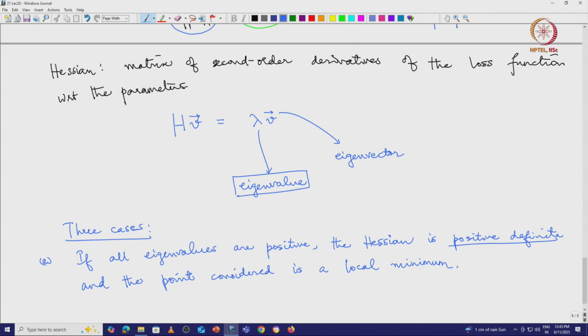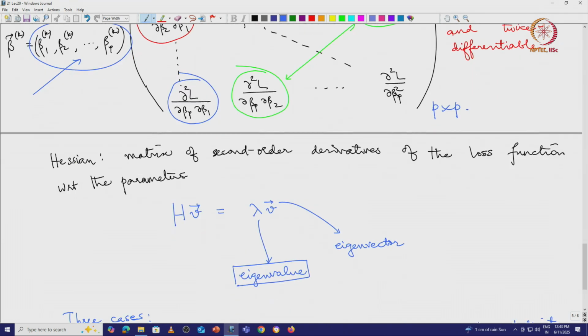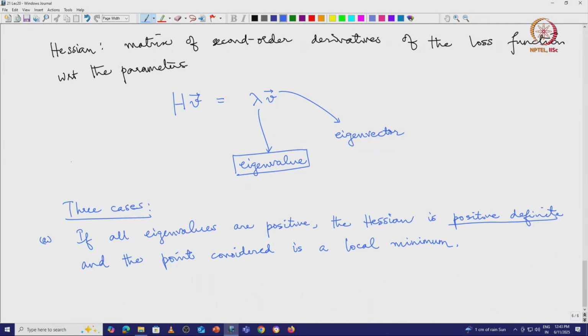So the loss function has reached its lowest value at this point, which is where you compute the Hessian. That is, if all the eigenvalues are positive, and the meaning of positive definite is that if you had any vector z, then z transpose H z would always be positive.